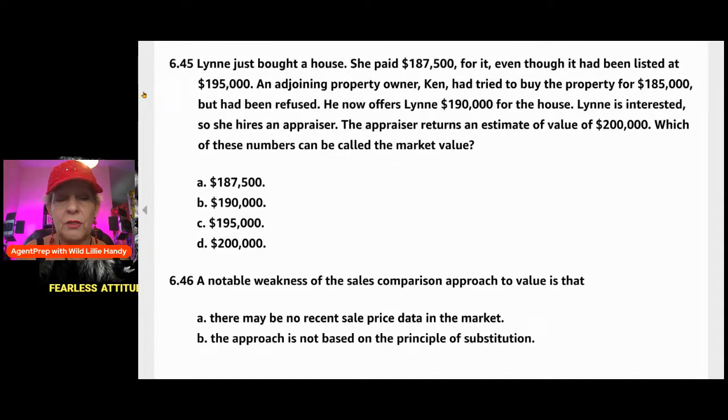He now offers Lynn $190,000 for the house. Lynn is interested, so she hires an appraiser. The appraiser returns an estimate of value of $200,000. Which of these numbers can be called the market value? A, 187.5, B, 190, C, 195, or D, 200 thousand.